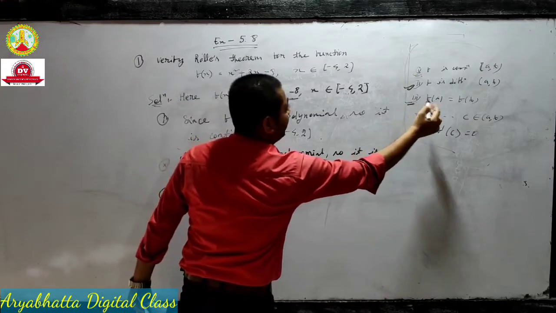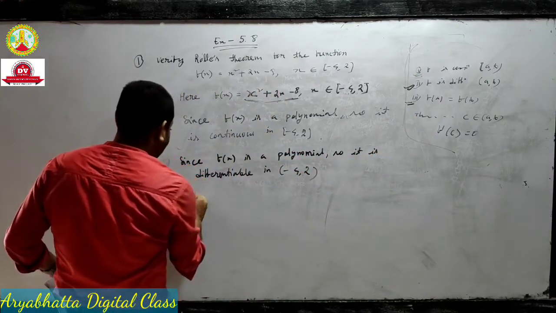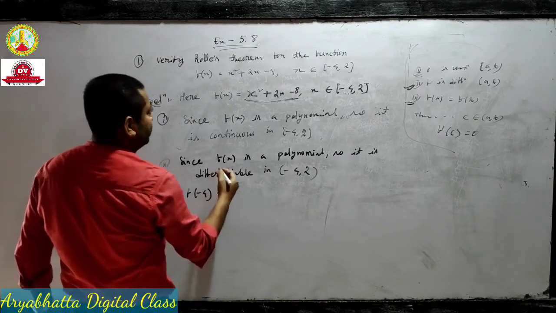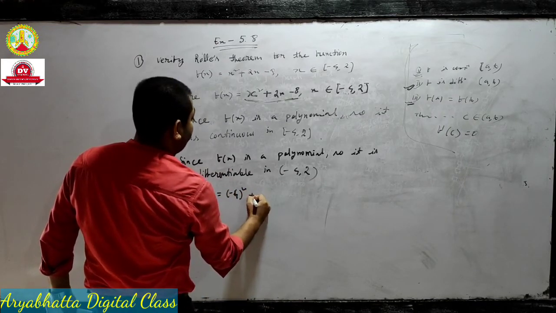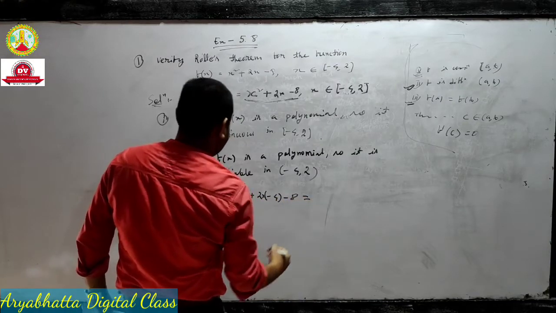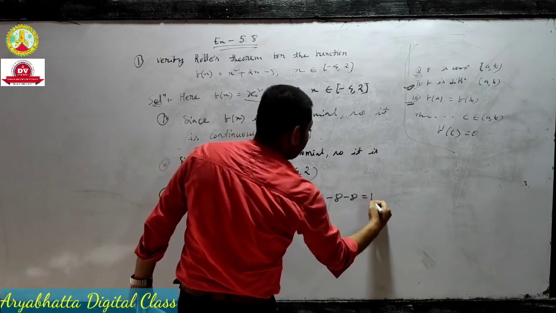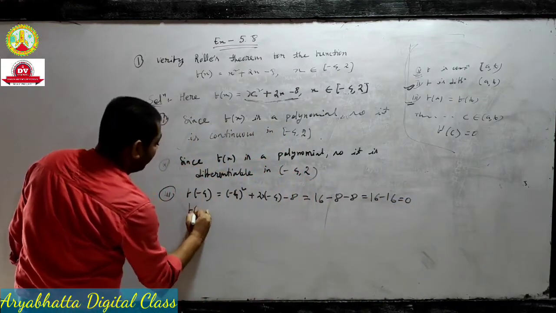Next, number 3. f of a equal to f of b. Here, a is equal to minus 4. Therefore, we will find f of minus 4. f of minus 4 is equal to minus 4 whole square plus 2 into minus 4 minus 8. This equal to 16 minus 8 minus 8, 16 minus 16, this equal to 0. Next, f of b.